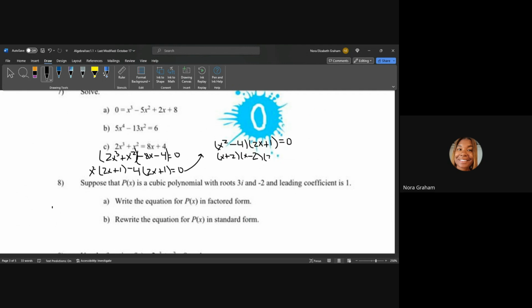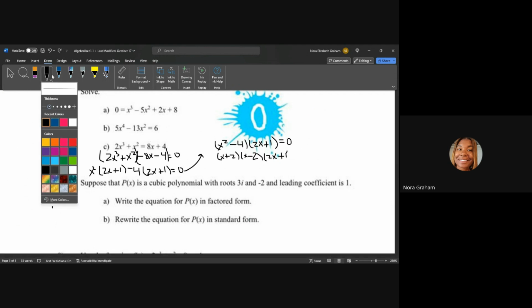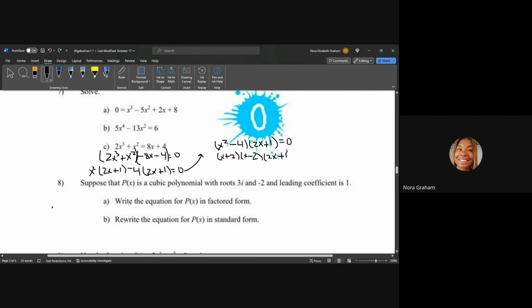And then I have 2x plus 1, which comes along for the ride. Now I set each and every one of these equal to 0.